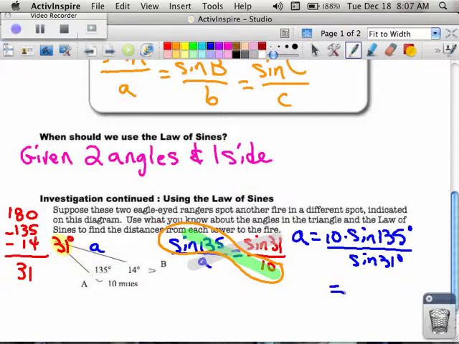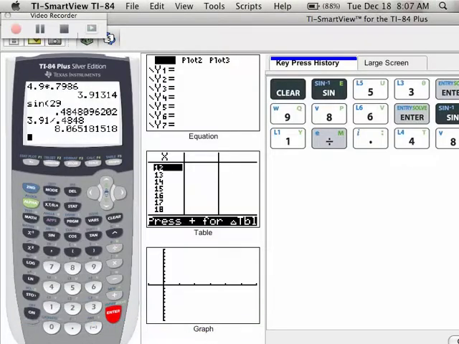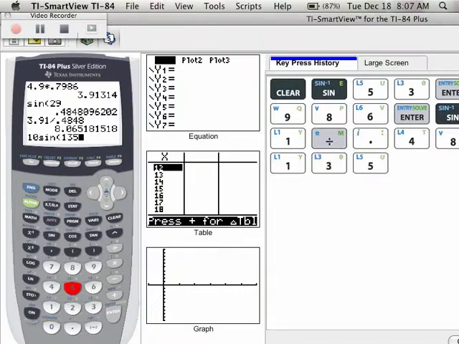I can type that right into my calculator. So 10 times the sine of 135, don't forget the ending parentheses, divided by the sine of 31.